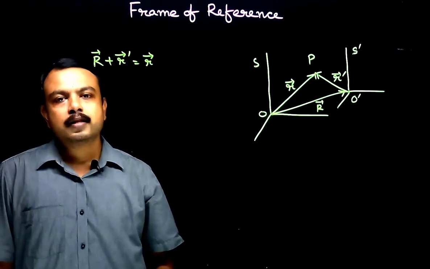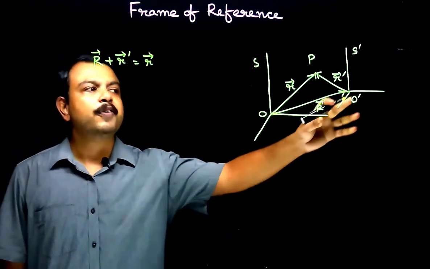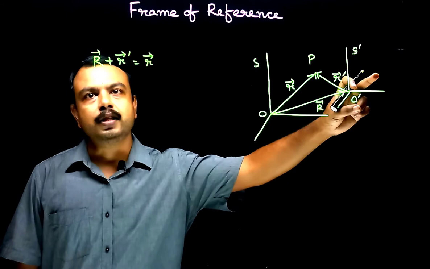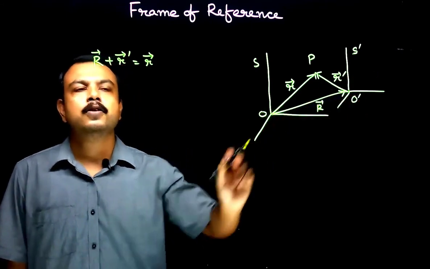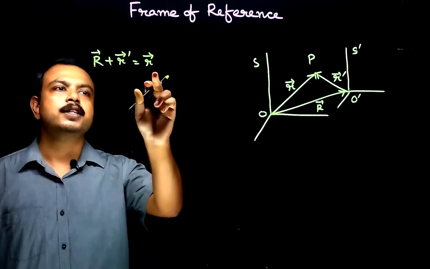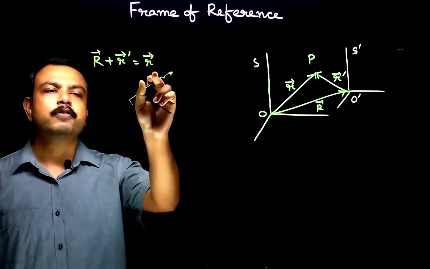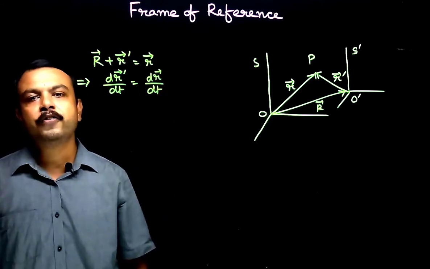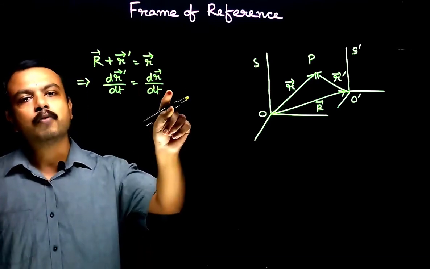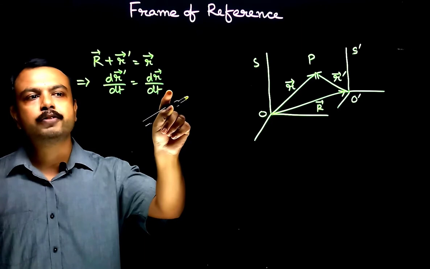In the first case, let us consider the frame of reference S prime is stationary. So in that case, R is not going to change. So if we differentiate this equation with respect to time, we are going to get. Now if we differentiate this equation once again with respect to time, we are going to get.